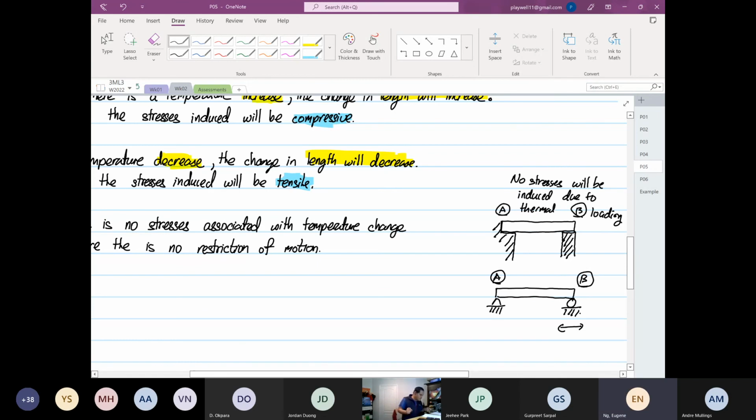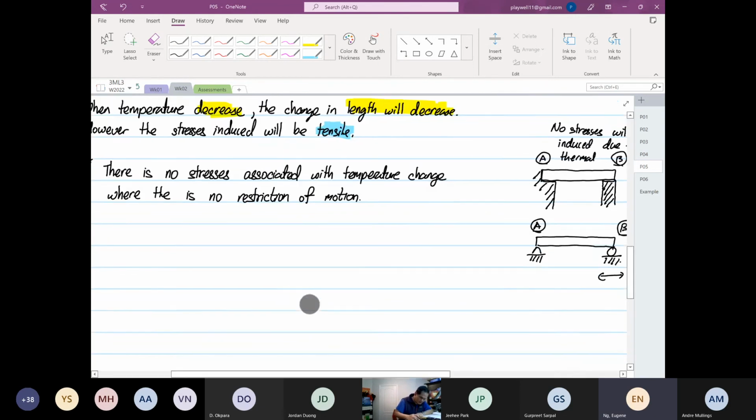So when you allow things to move, when you increase the heat, you got no stresses at all. Only when you restrict motion in the expansion or contraction region, then you will see what? Stresses.